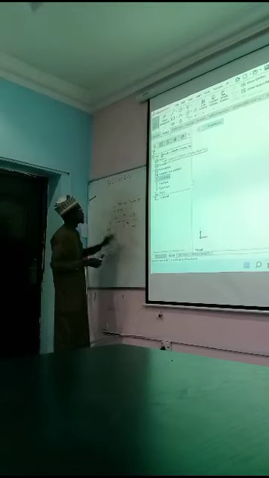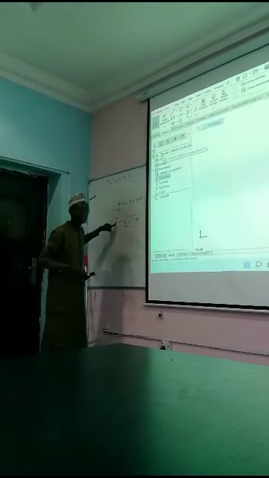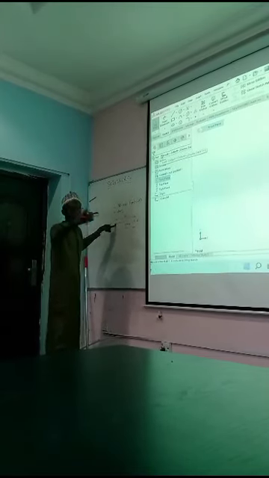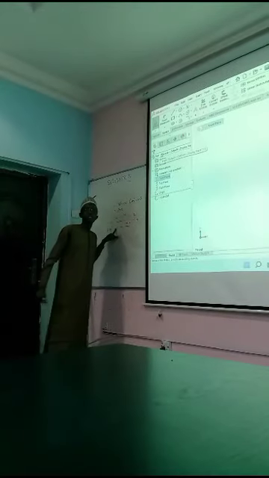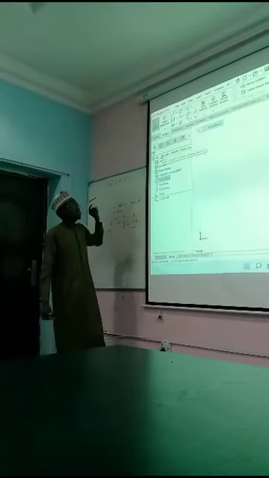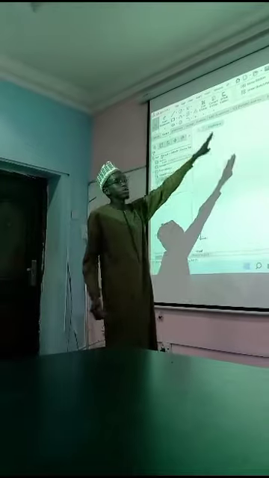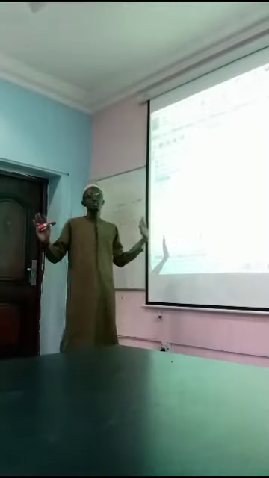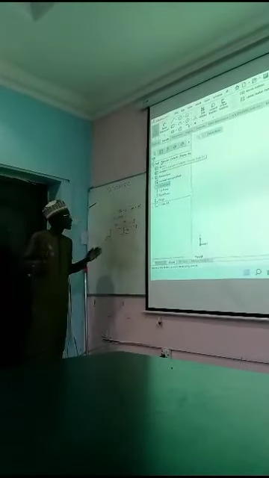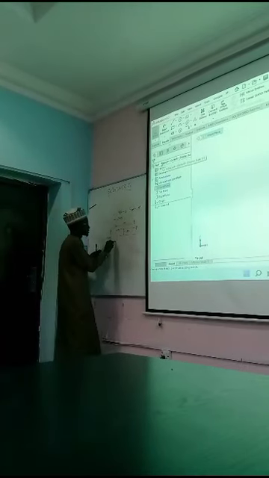You now highlight this line, press your control and highlight this center line. You now go and click on mirror entities. It will come here direct.